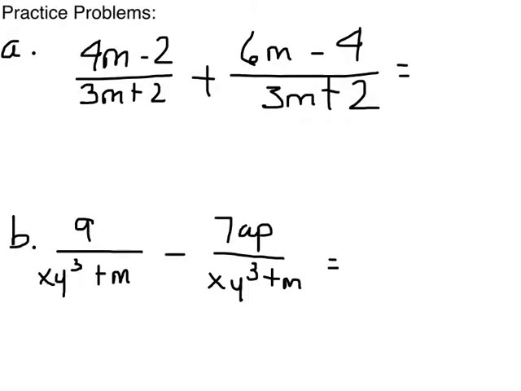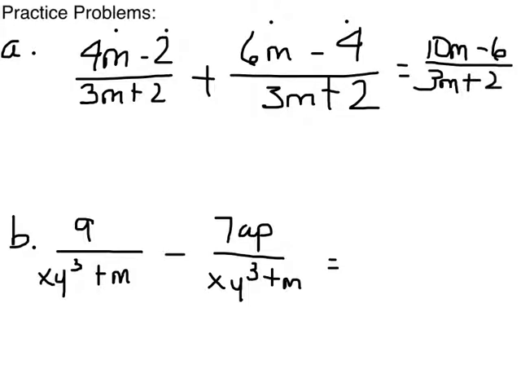All right, so let's work our practice problems. In A and in B, we have a common denominator already. So here I can just say 4m plus 6m is 10m, and negative 2 and negative 4 is negative 6 over 3m plus 2.